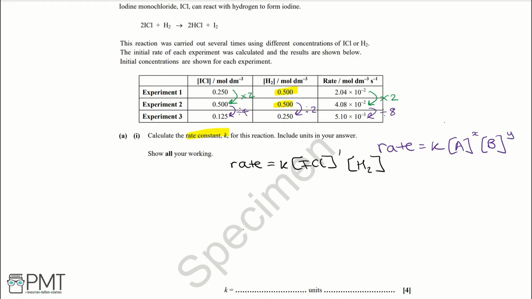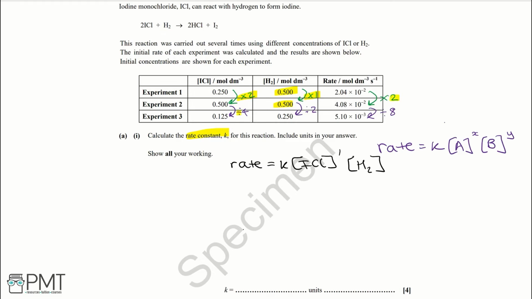If we look at it a different way, in experiment 1 to 2, we've multiplied by 2 and by 1. If you do 2 times 1, that's going to be your multiplying factor, which is 2 here.